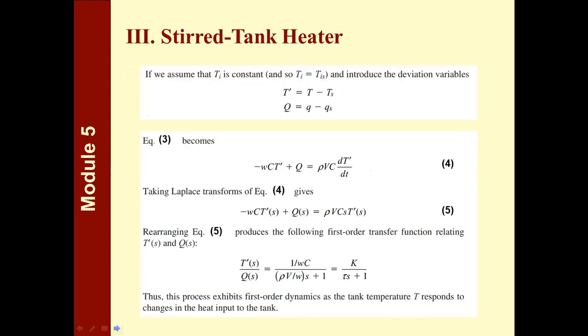Now, as an example, if we assume that there aren't any changes in the inlet temperature, then we will just have Q, changes in the amount of heat introduced into your tank, and your T minus Ts is represented this time by T prime.